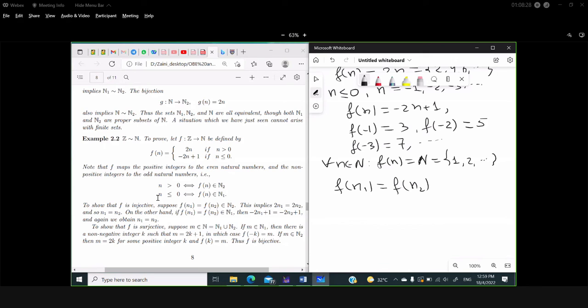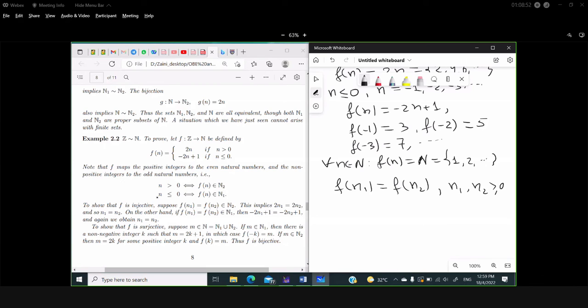On the other hand, which function do I use? If n1 and n2 are positive, I will use this one. So here I will put this condition: let n1 and n2 be positive.